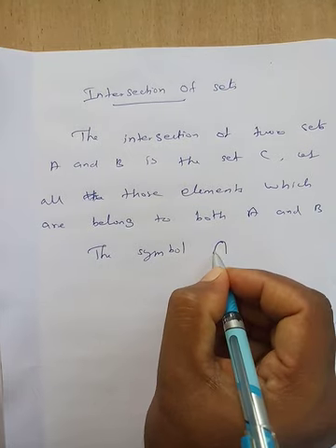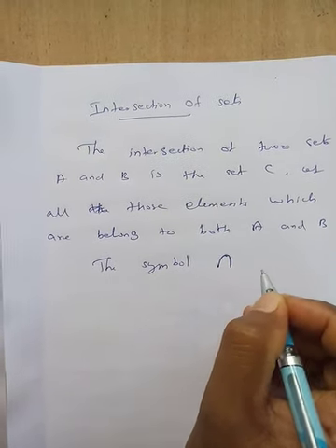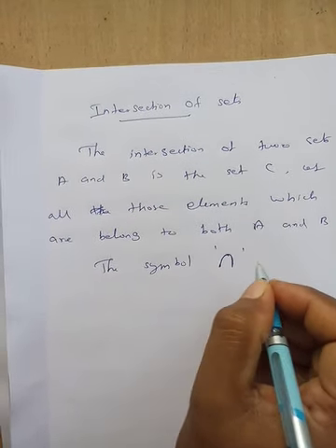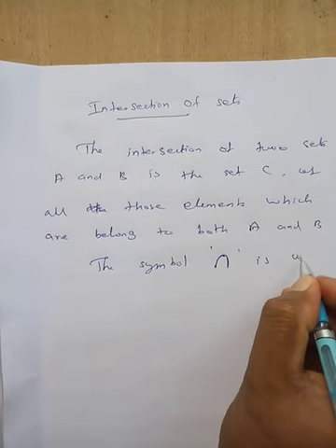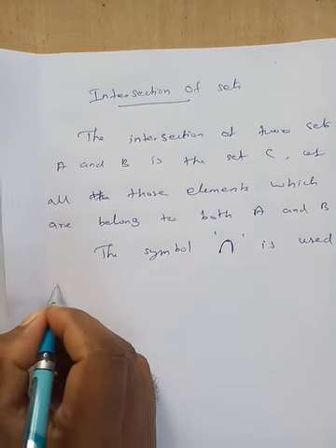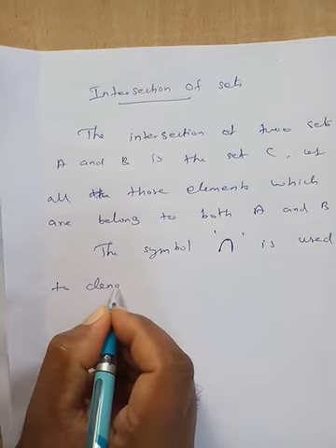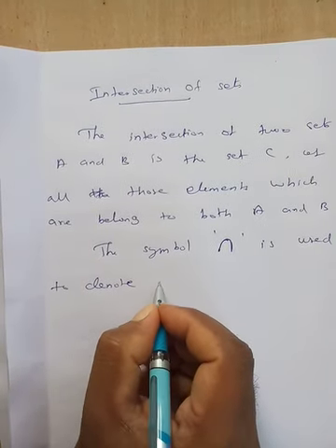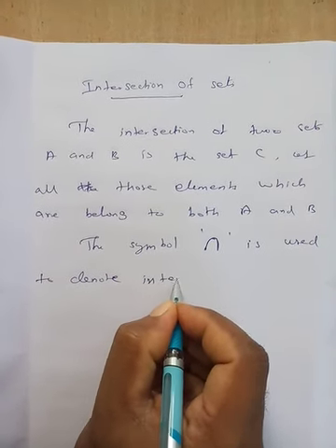The symbol ∩, the inverted form of union, is used to denote intersection.